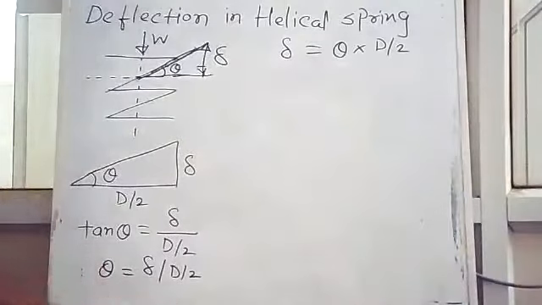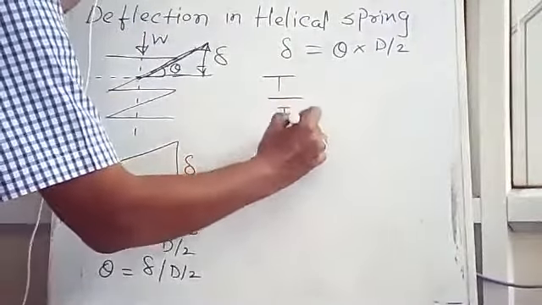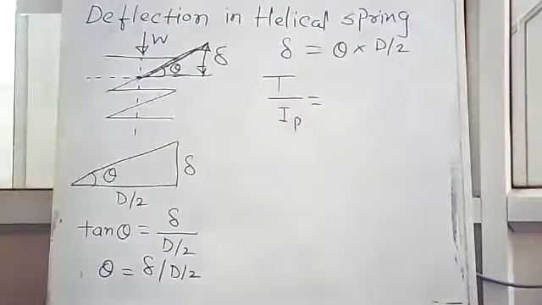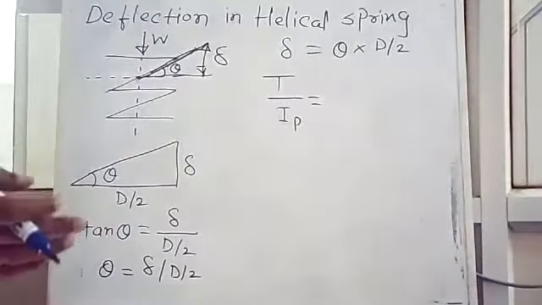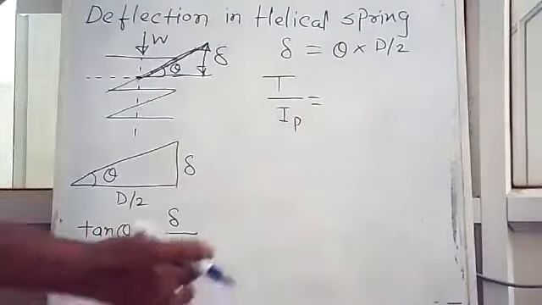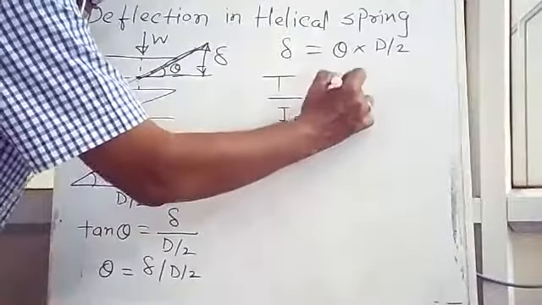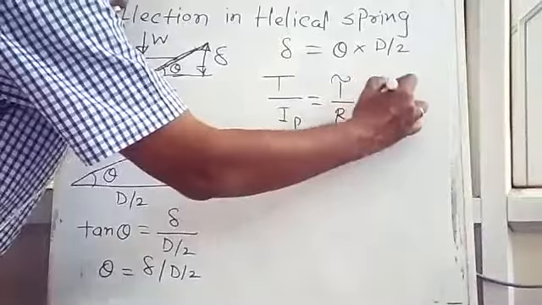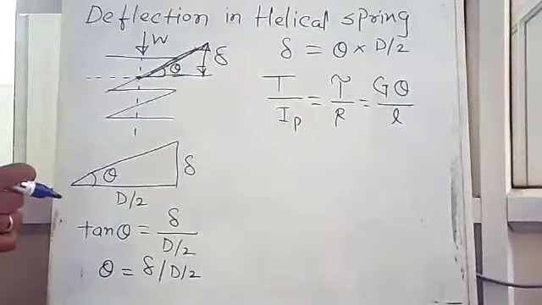Now the angle of deflection that is going to relate with our angle of deflection of shaft also. In our shaft chapter, we have a simple relationship, torque divided by polar moment of inertia IP equals to shear stress divided by R equals to G theta by L. So this is the common relationship that we have seen in our shaft.